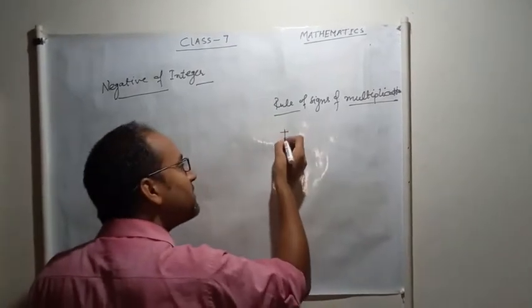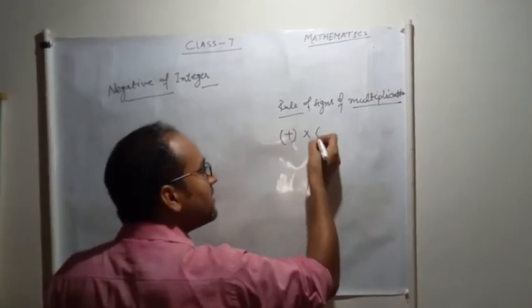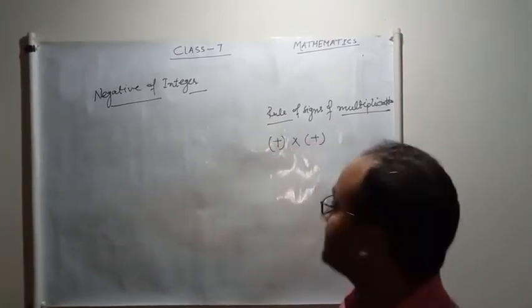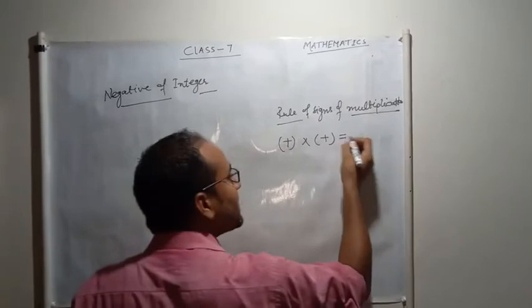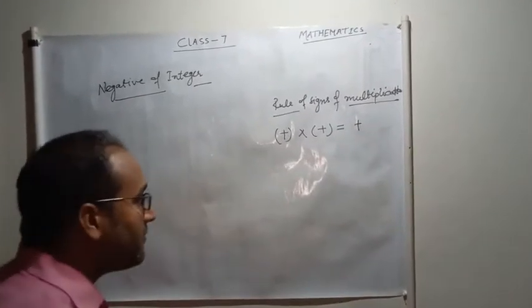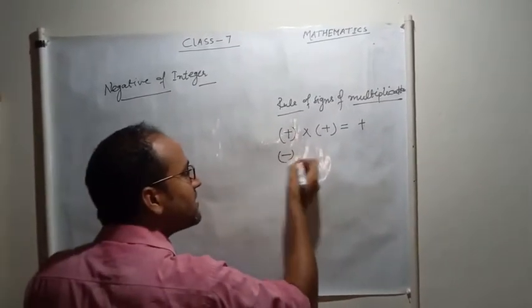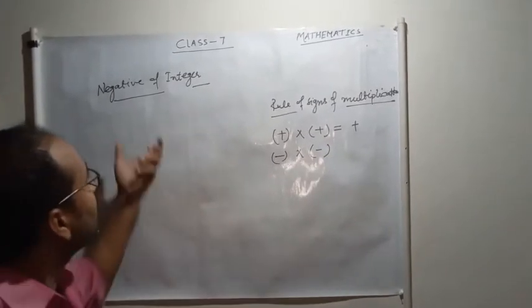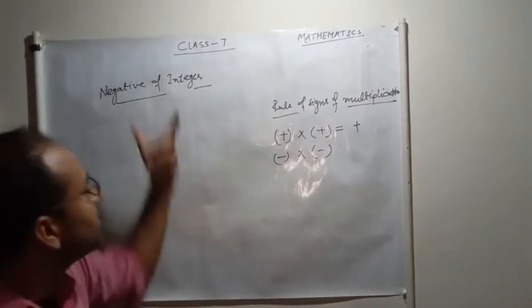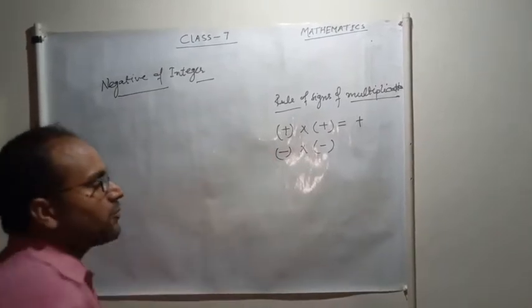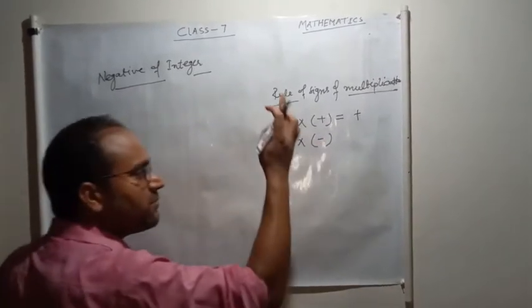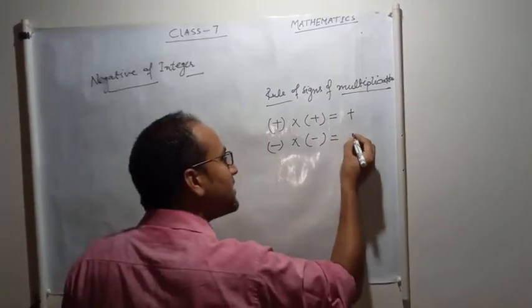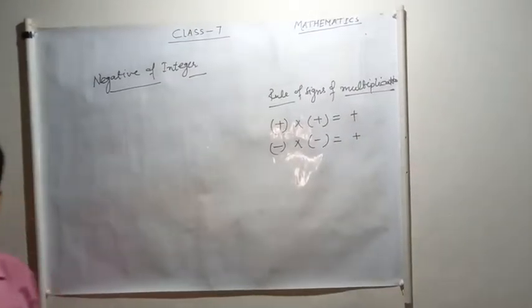Suppose I multiply plus into plus, what do we get? We get plus. And when we multiply minus into minus, it is very easy, because when we explain the negative of an integer, this rule is very helpful. If minus is multiplied by minus, if we remove this bracket, minus is multiplied by this minus, in this case also we get plus.